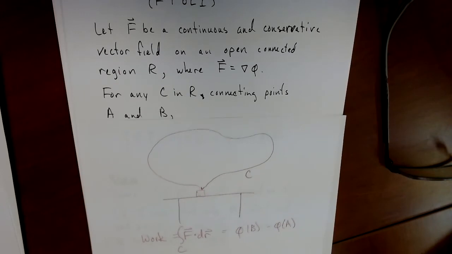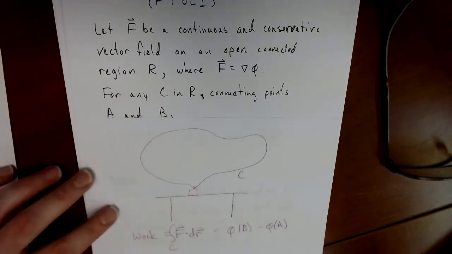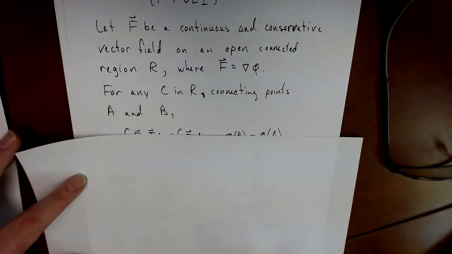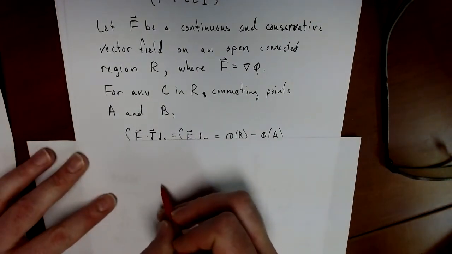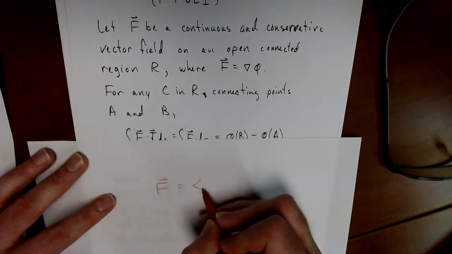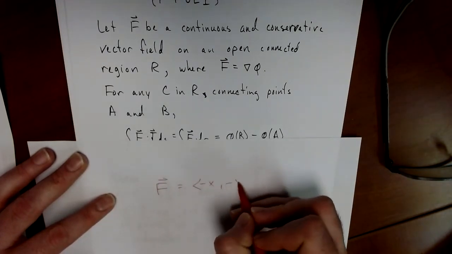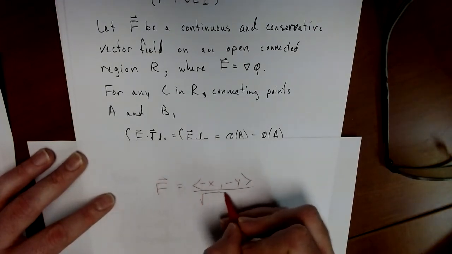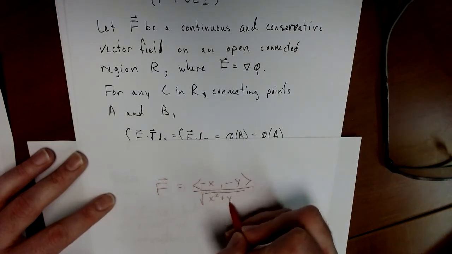kind of radial field. And so radial fields look something like this. F equals minus x, minus y, maybe divided by the square root of x squared plus y squared.